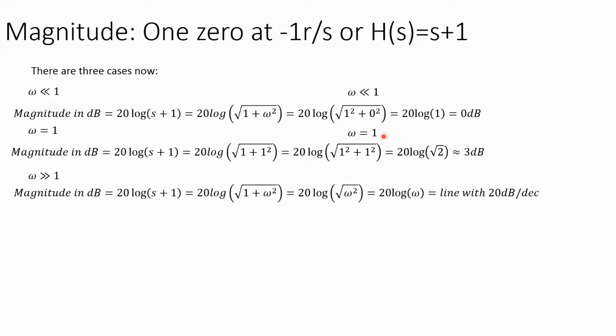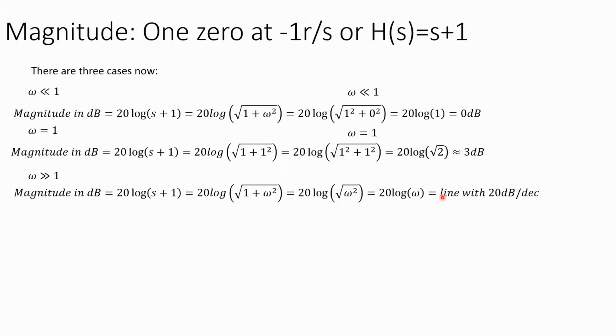Now when omega is equal to 1, we get the square root of 1 squared plus 1 squared, which is the square root of 2, which is about 3 dB. Then when omega is a lot greater than 1, this term is so much greater than that term that we get the square root of omega squared, which is just 20 times log omega, which gives us our line of 20 dB per decade.